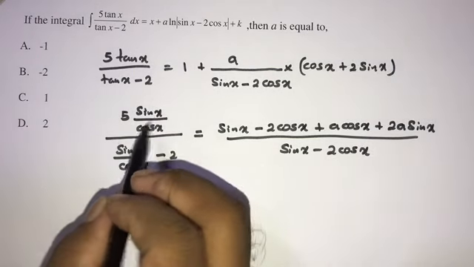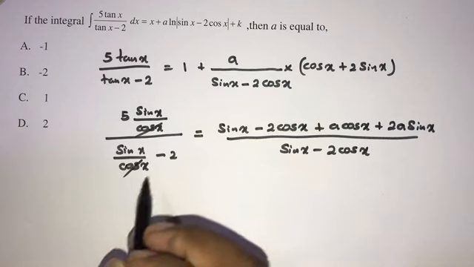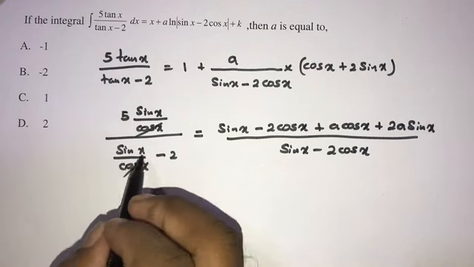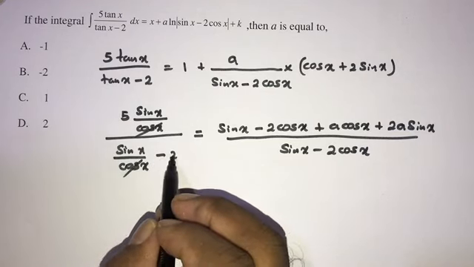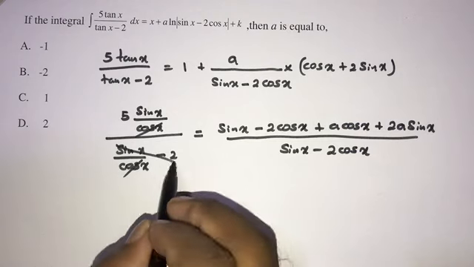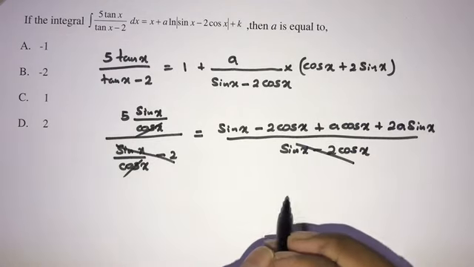Okay, now this cosine of x gets cancelled, and in the denominator we have sine of x minus 2 times cosine of x, so this term gets cancelled.